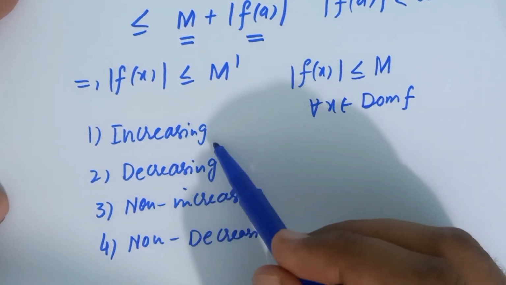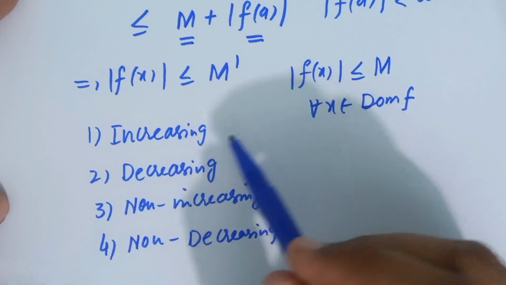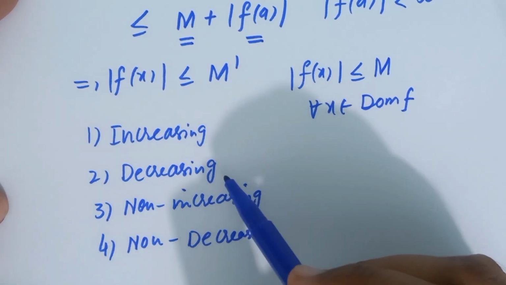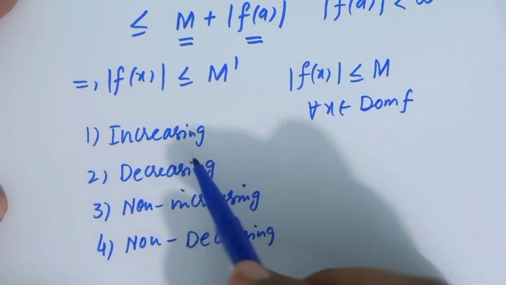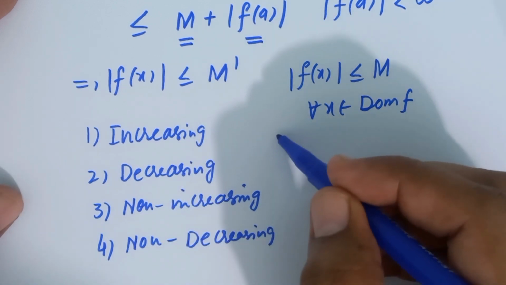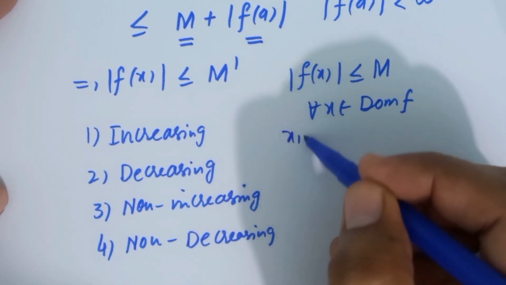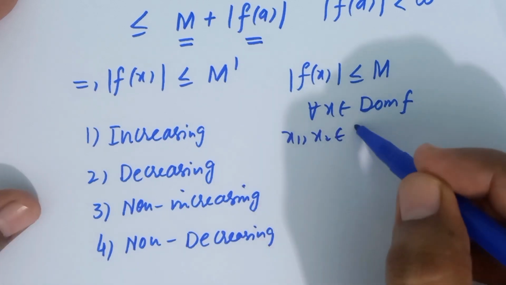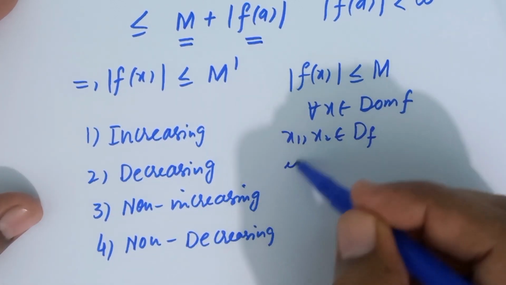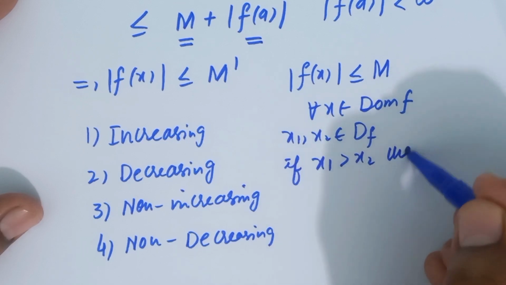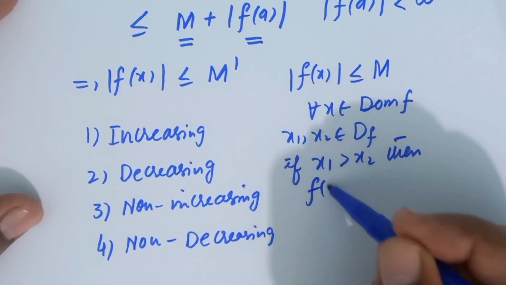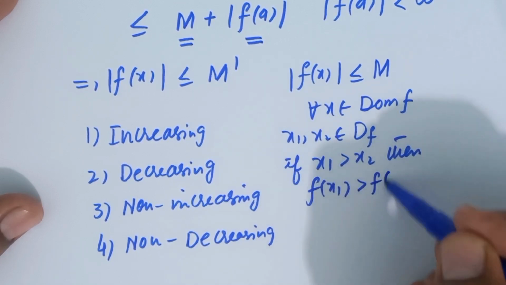In some contexts, increasing and decreasing functions are also called strictly increasing and strictly decreasing. Further, a function f is called an increasing function if for every two numbers x1 and x2 belonging to the domain of f, if x1 is greater than x2, then f(x1) is greater than f(x2).